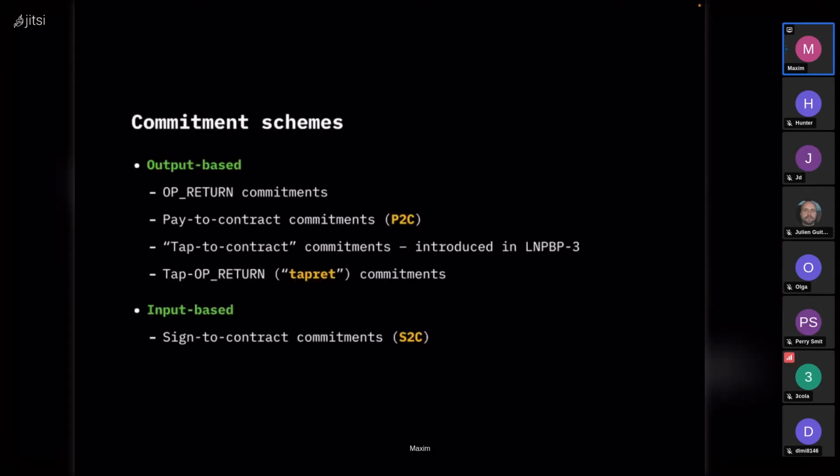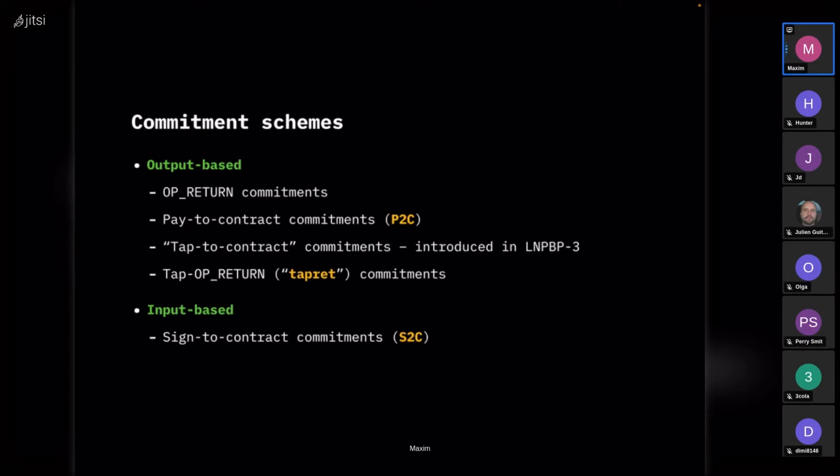And these commitment schemes have different varieties, and they can be classified into two main types. The first are those where the commitment goes into a transaction output. We can call them output based. And the second are those where the commitment goes into an input. So they're input based.